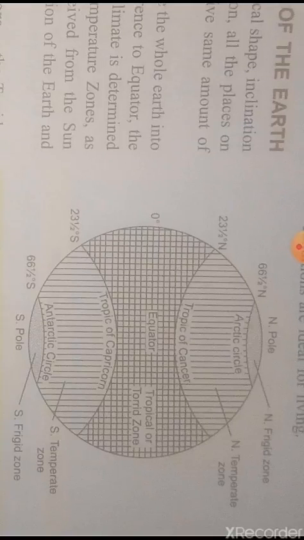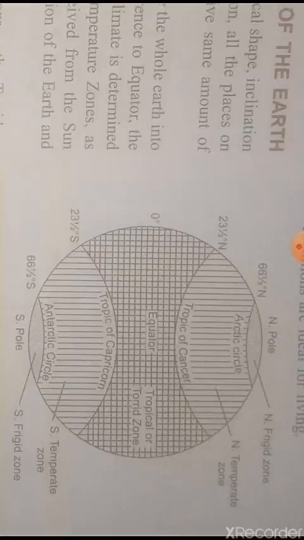Equatorial area, that is 5 degree north to 5 degree south of the equator, is called doldrum or equatorial zone. Here the climate is too hot and wet. Snowfall and frost never occur and there is almost no winter.